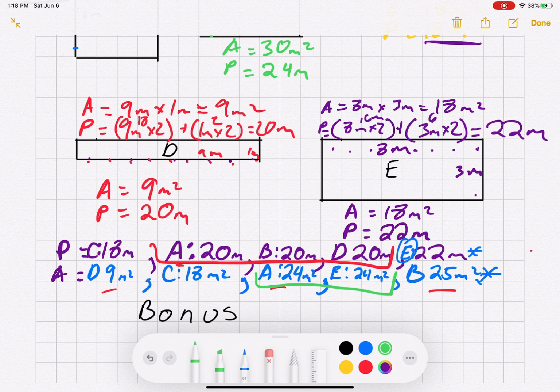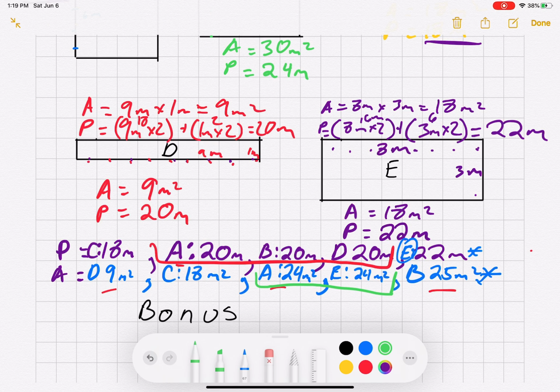So what do you do with the length and the width of a rectangle to calculate the area? Just a recap. Okay, we multiply them together. What do you do with the length and width of a rectangle to calculate the perimeter, right? You add them and you multiply them by 2.